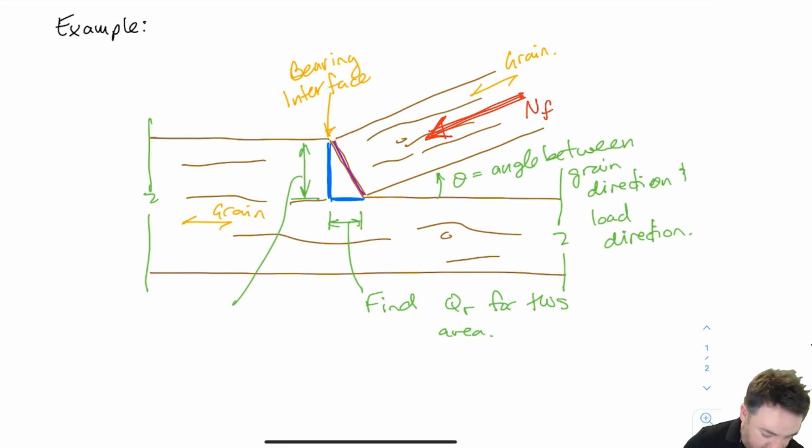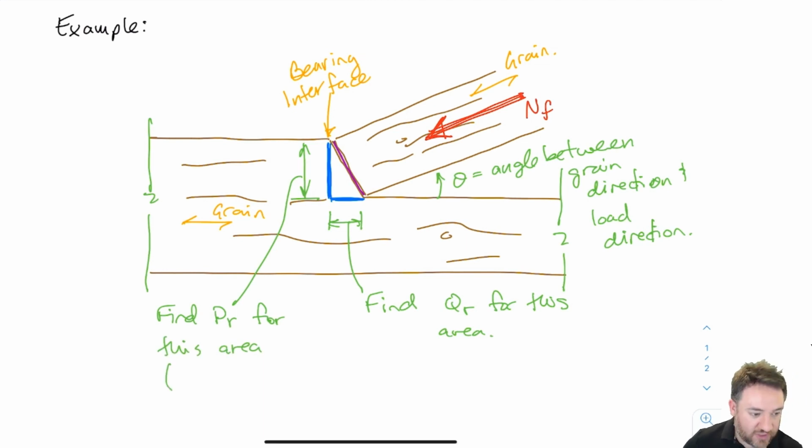This one is find PR for this area. Since we're just trying to calculate the local crushing strength here, we're not going to take buckling into account for the bearing strength of this piece of wood. So we're going to consider that Kc, the slenderness factor, equals 1.0, which is tantamount to assuming there's no buckling.